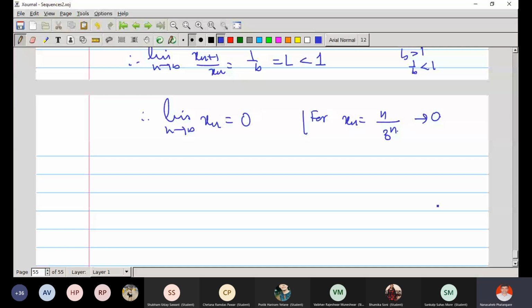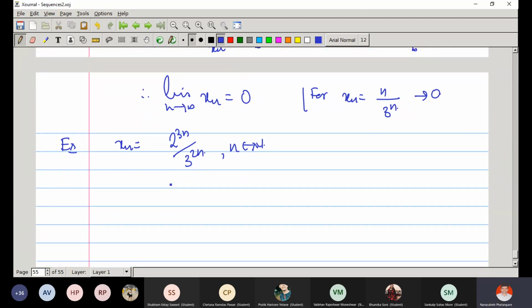Now look at another sequence. xn is equal to 2 raised to 3n upon 3 raised to 2n. You can look at this in an alternative way, but anyway, can you apply the ratio test?